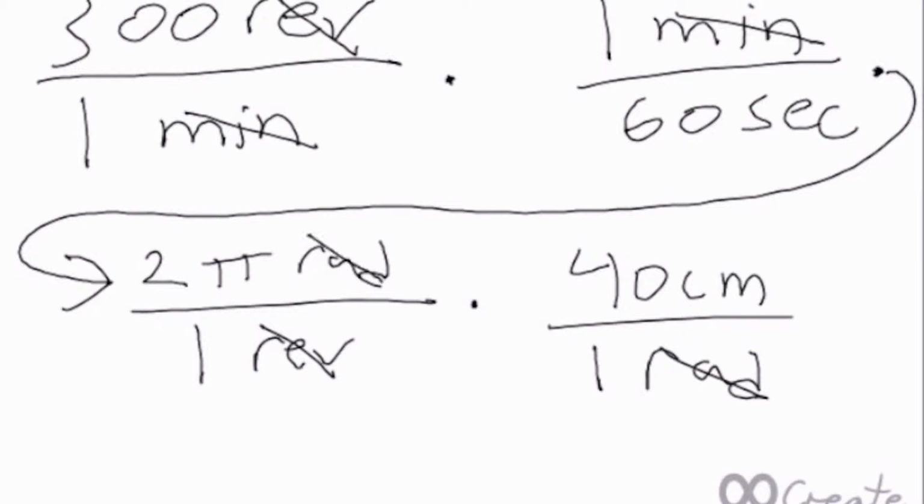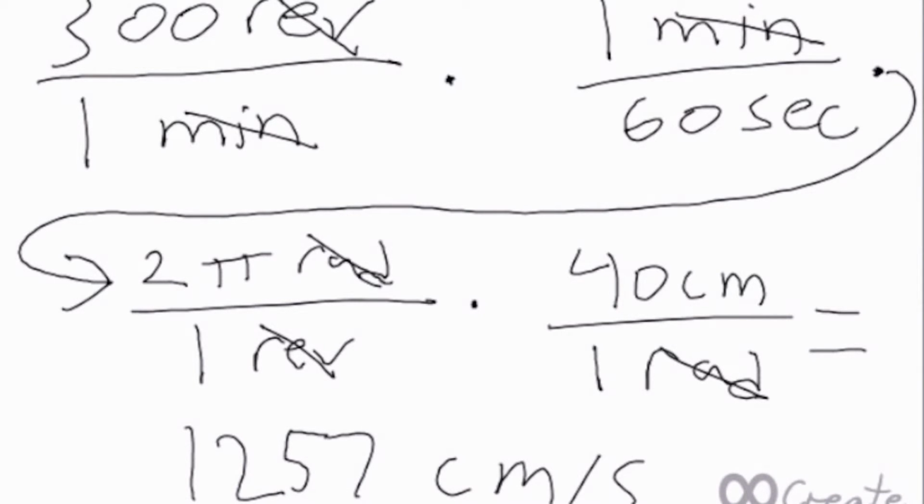You cancel out radians, and then when you multiply that out all through, you get 1,256.64, or if you round up, 1,257 centimeters per second. And there you go, we've solved for linear speed and we've solved for angular speed.